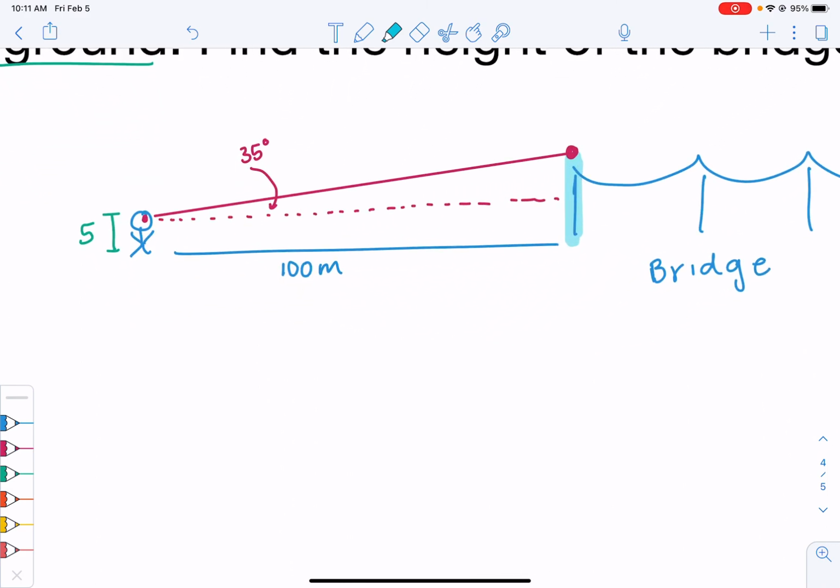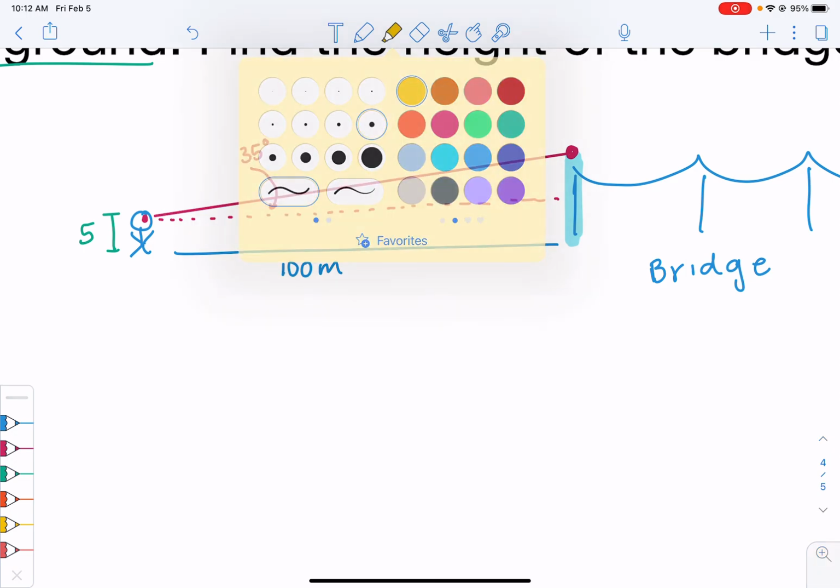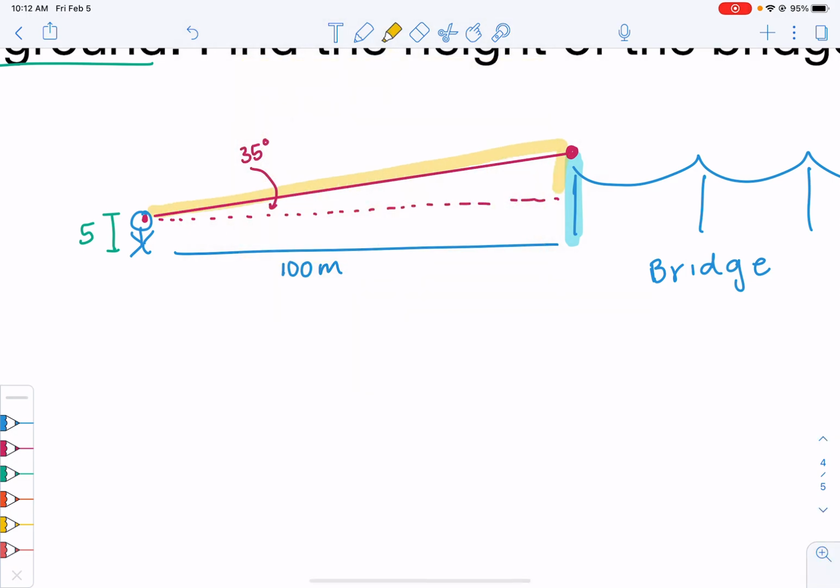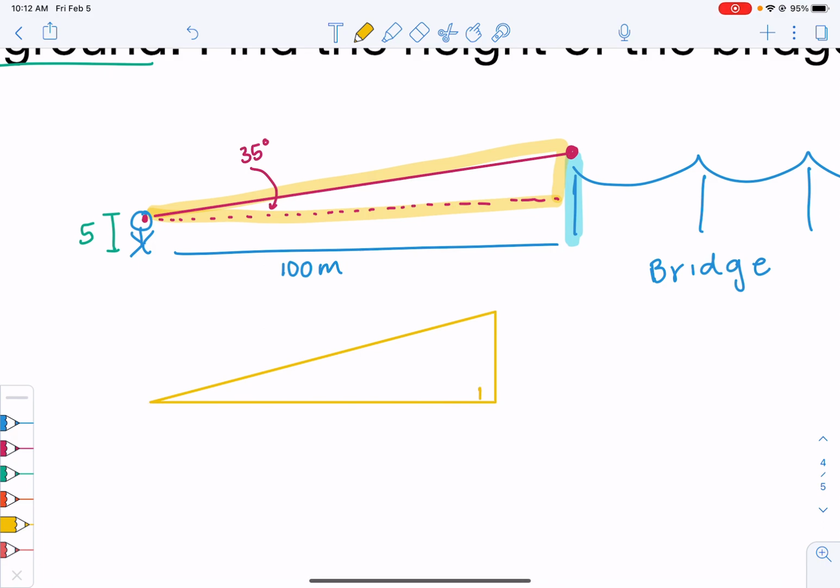So looking now at our triangle, what we might see, there we go, is that our yellow triangle is floating in air. We know that's 35.